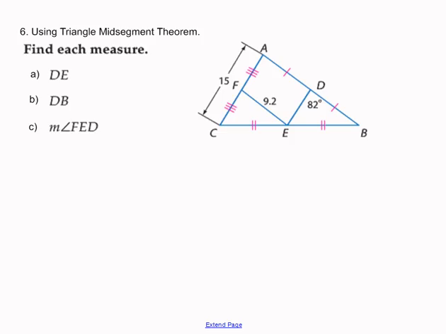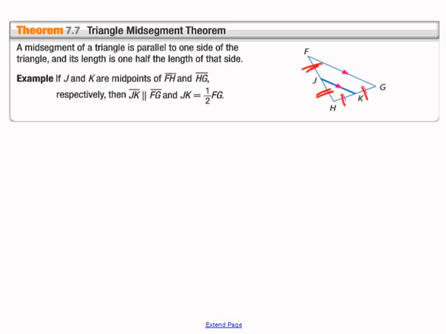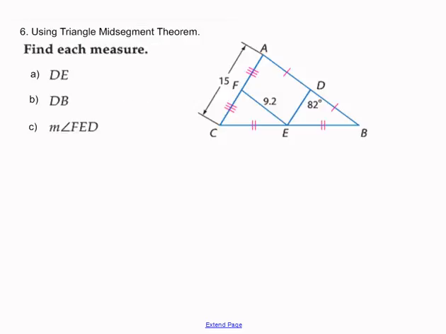Last one. Okay, so this is the triangle mid-segment theorem from way up here. Where is that? From this one. So we're going to use the fact that we have parallel lines and we have the segments and so forth, and we're going to be able to figure out these lengths. So we're looking for length DE.